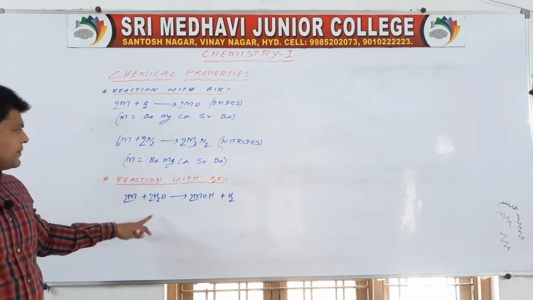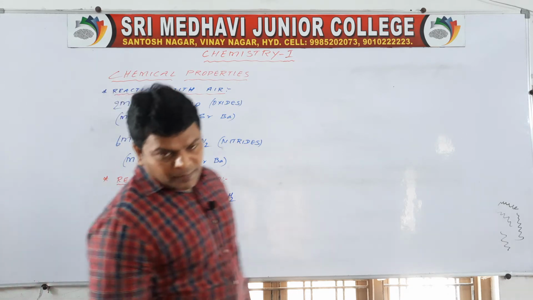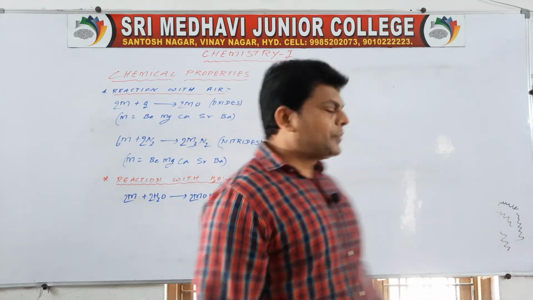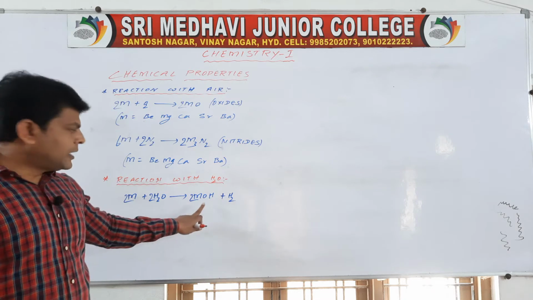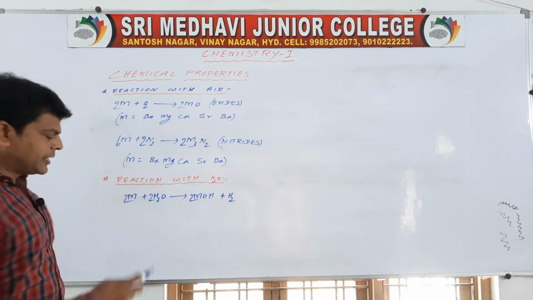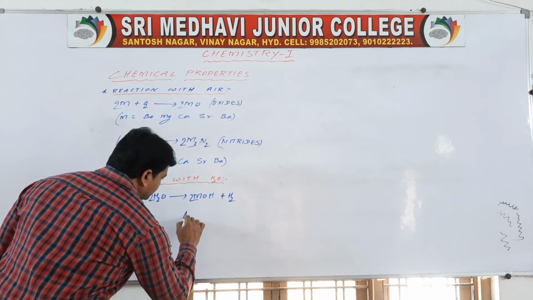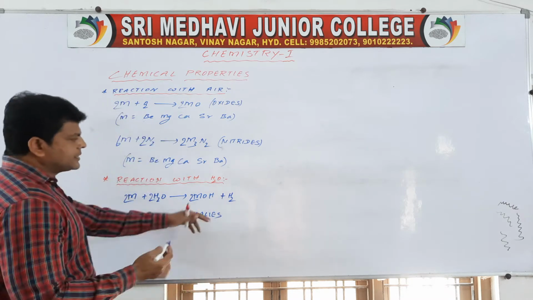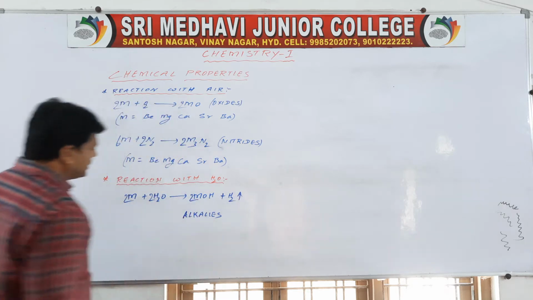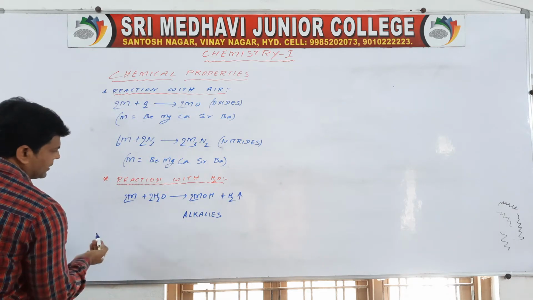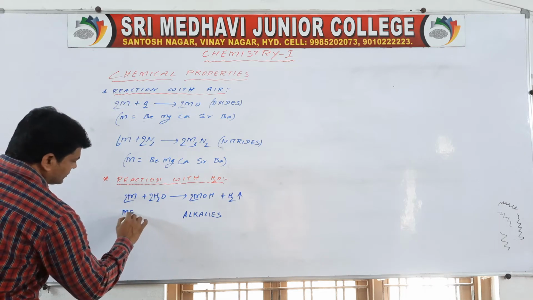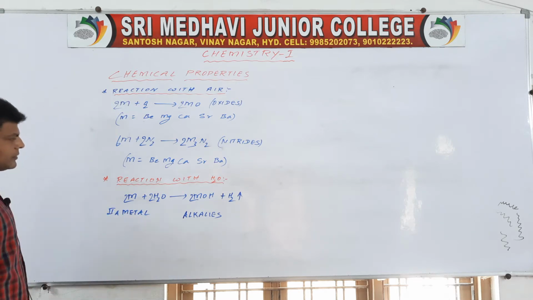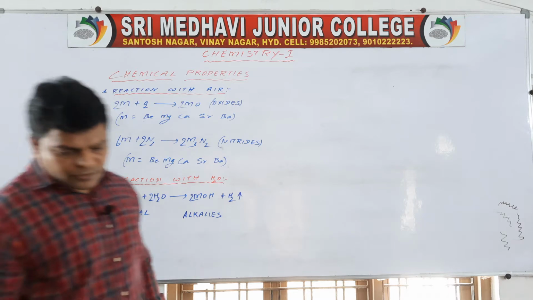So what I mean to say, all second A group elements react with water, dissolve in water, and produce hydroxides and H2 gas. These are alkalis, and this is hydrogen gas. M is a second A metal. This is the reaction with water.